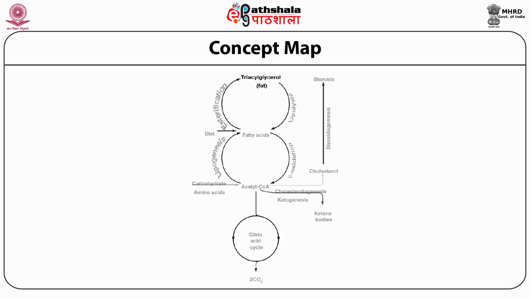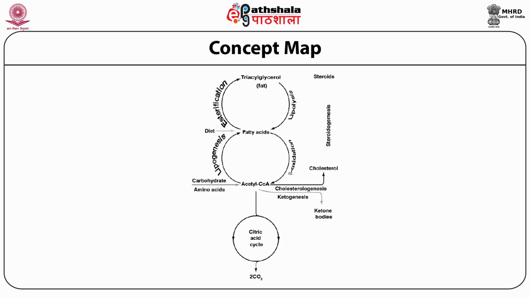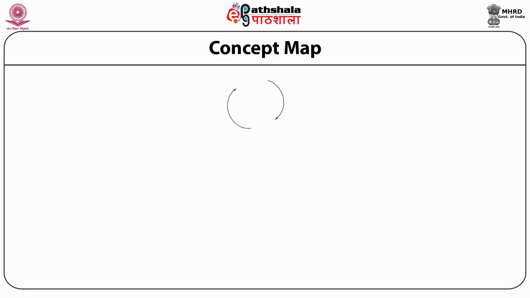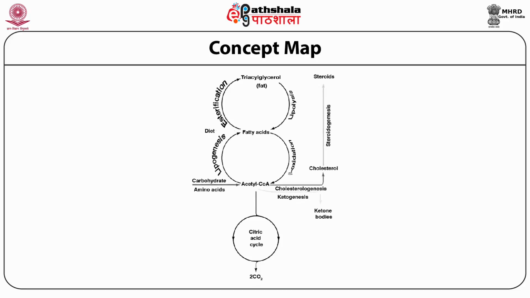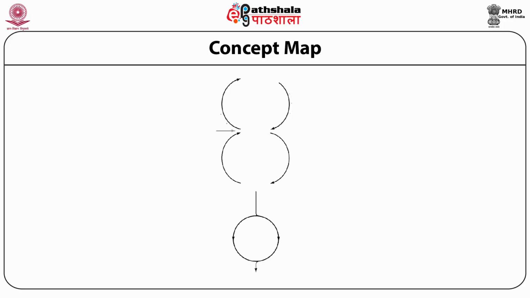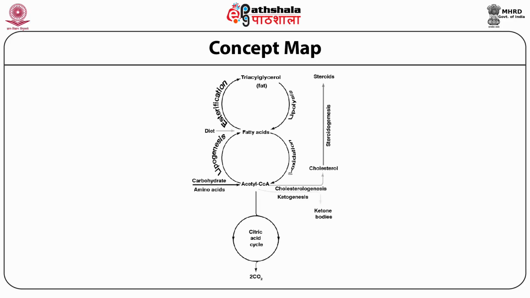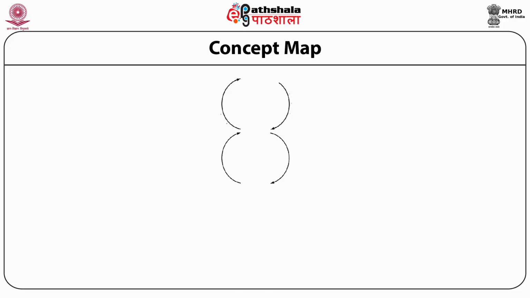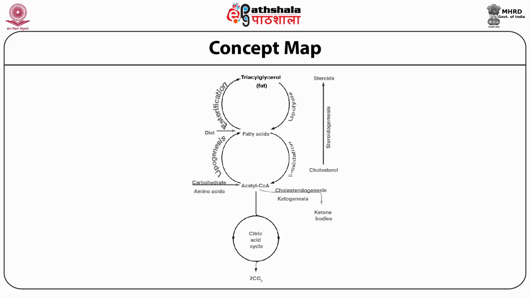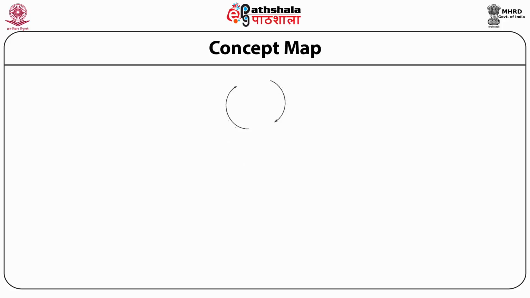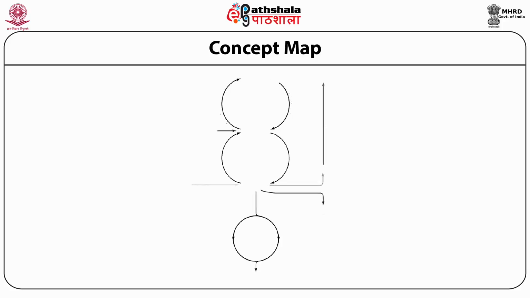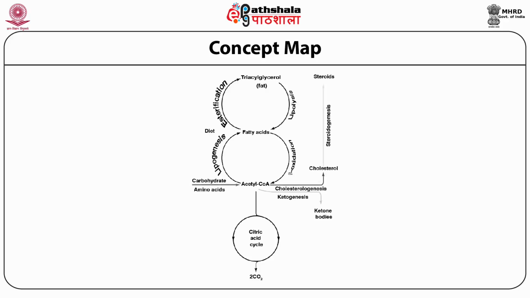In addition, to provide energy to the body, acetyl-CoA enters the Krebs cycle, or the citric acid cycle, or the tricarboxylic acid cycle, to produce carbon dioxide and water, as well as release the energy which is utilized by the living organisms.